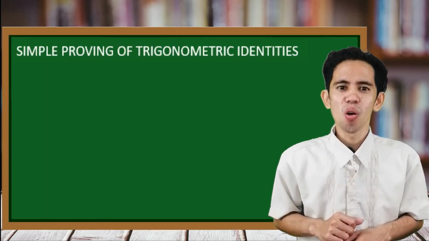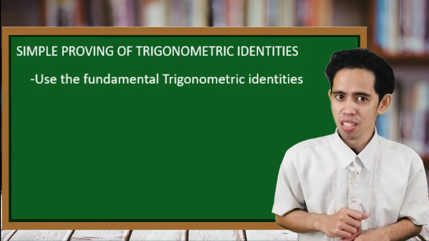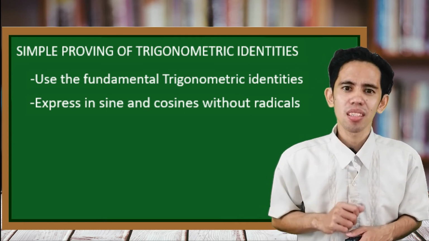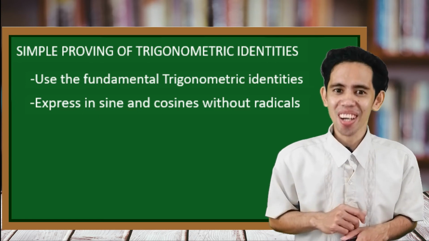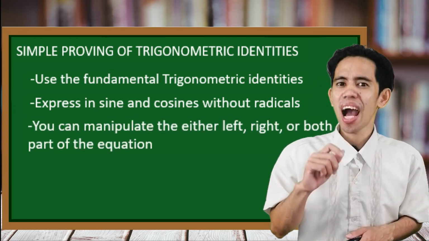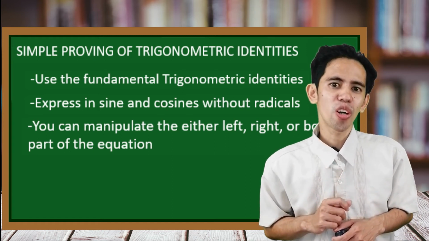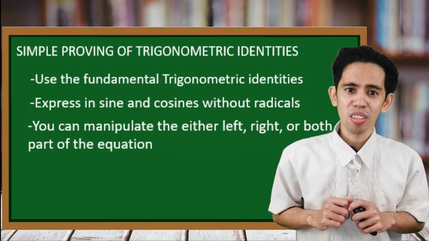First, we will use the fundamental trigonometric identities. Second, express in sines and cosines without radicals. And lastly, we can manipulate either the left, right, or both parts of the equation.